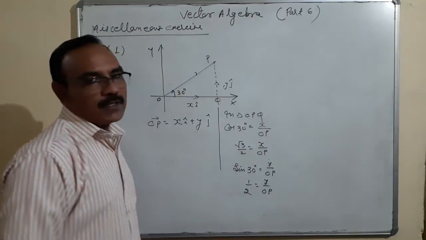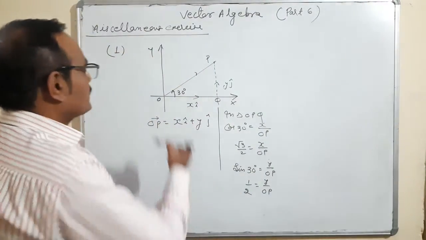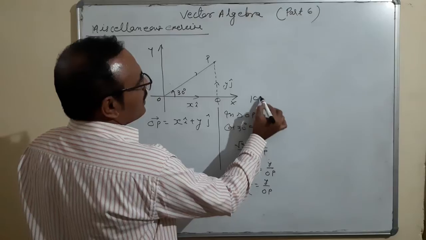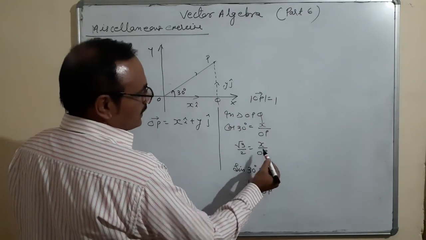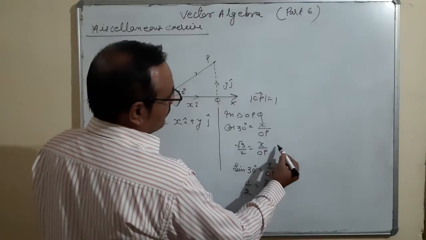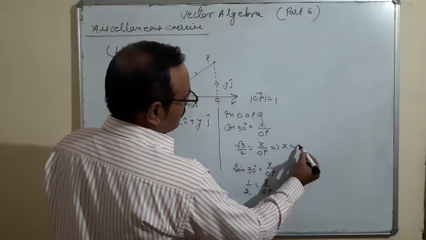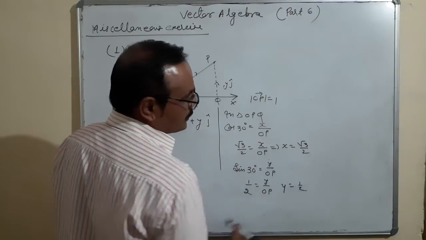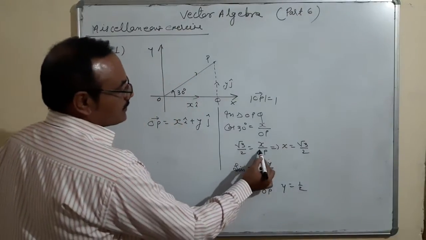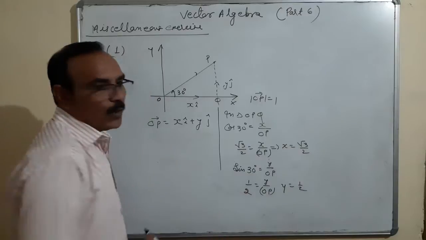What is given? It is given that it is a unit vector. Unit vector, what does it mean? Magnitude of OP is equal to 1. So it is coming x is equal to root 3 upon 2 and y is equal to 1 upon 2, because the value of OP is equal to 1.